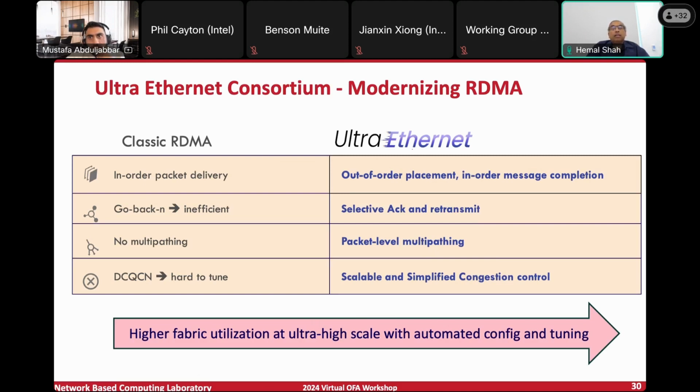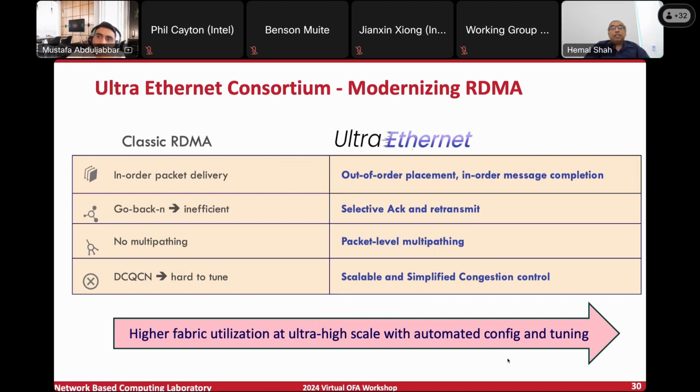So Ultra Ethernet is also addressing that. All of these are triggered by today's AI/ML high-scale, very large cluster sizes where people are building these networks.